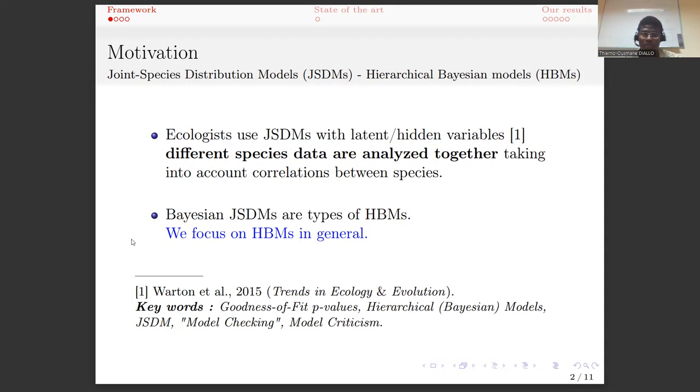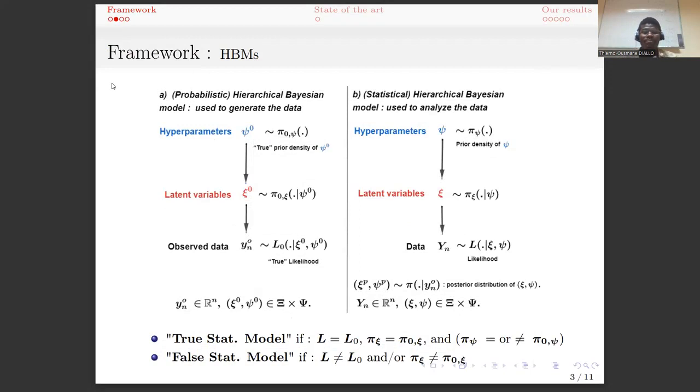We will therefore focus on HBMs, which are more general. We call the model used to generate the data the probabilistic model. The model used to analyze the data and estimate the parameters is the statistical model. HBMs involve two levels of statistical parameters: hyperparameters and latent variables, or hidden variables.